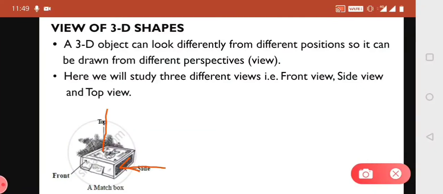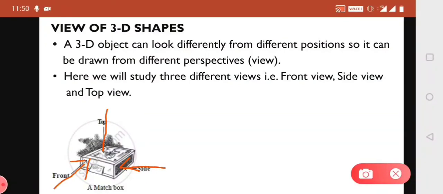Similarly, when we look at the matchbox from the front part, that view is called front view, and you can see in the figure that when we look from the front, we only see that part of the matchbox which we are taking out and putting inside for taking out a matchstick.